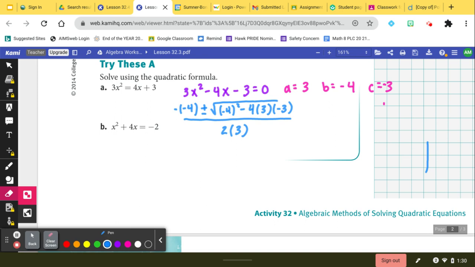So negative negative 4 would give me positive 4, plus or minus the square root. Negative 4 squared, negative 4 times negative 4 is 16, minus 4 times 3 is 12, times negative 3 is negative 36. All of that over 2 times 3, which is 6.